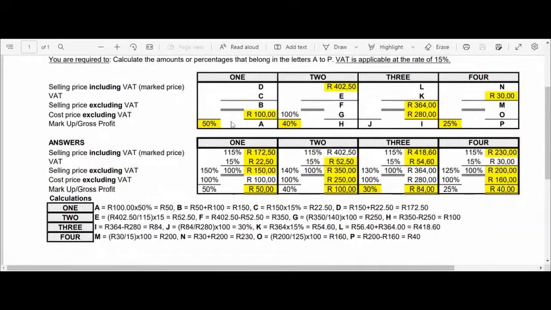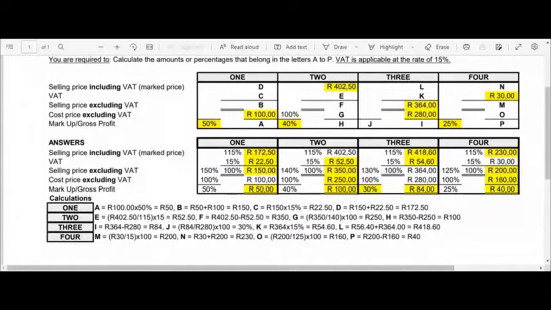So therefore, what is the gross profit, ladies and gents? You can obviously type it in there, but we're already displaying it there. So you are going to take the 100 rands, the cost price, multiplied by the markup of 50%. That will then give you 50 rands.